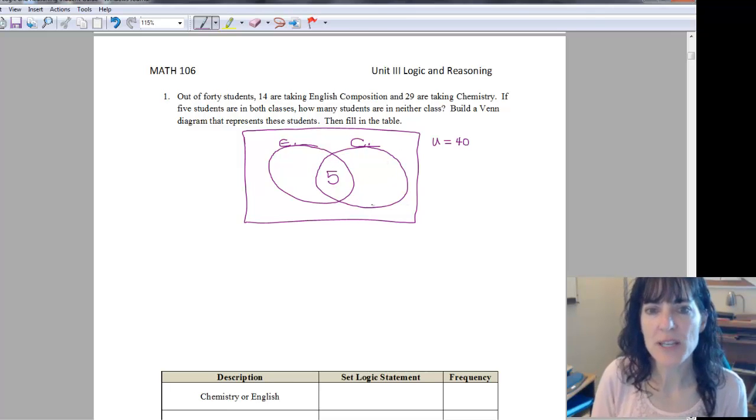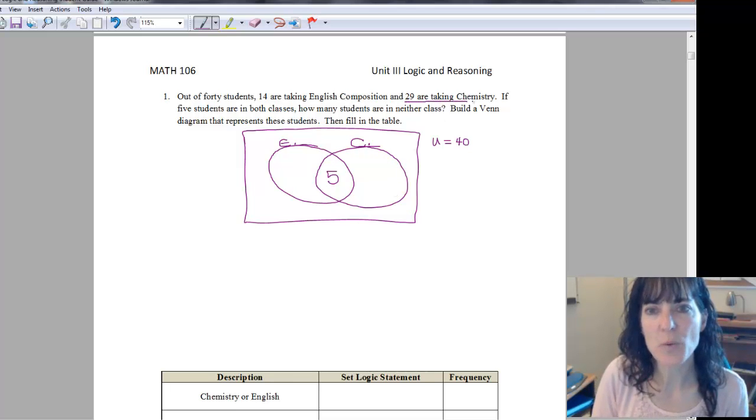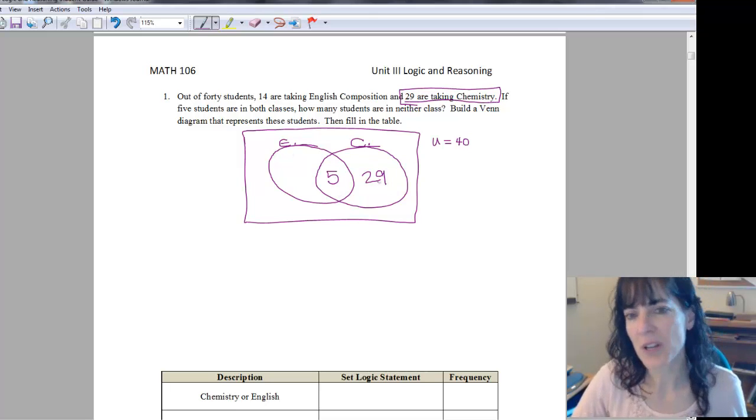And then let's just think about chemistry. So this whole chemistry circle, do we know how many students? We do. It says 29 are taking chemistry. Now that's not 29 here in the circle, because that would make it 34 students altogether taking chemistry, and we said there's only 29.